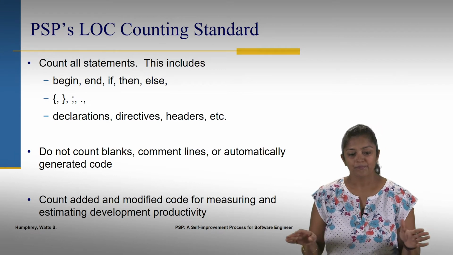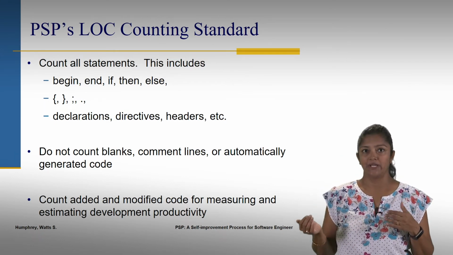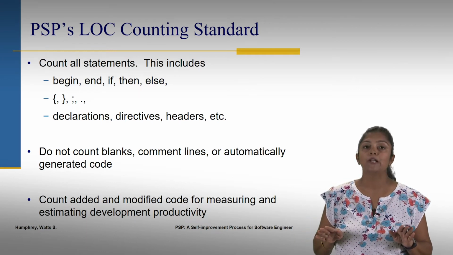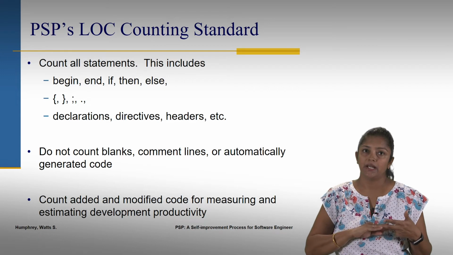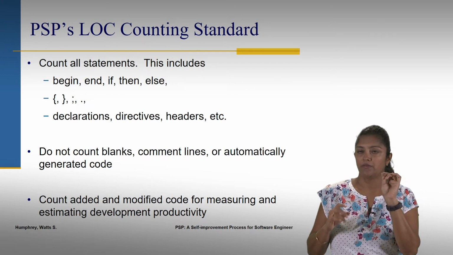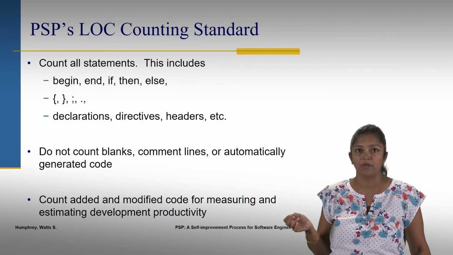So we want to follow PSP's line of code counting standard, where we count all of the statements, including the begin and end statements of the blocks. If there's an if then else statement, we count each of them individually.